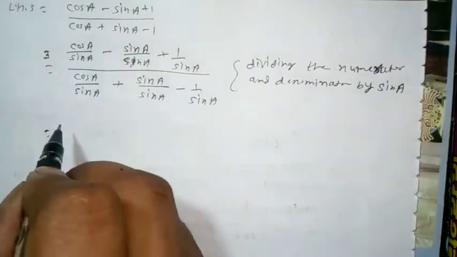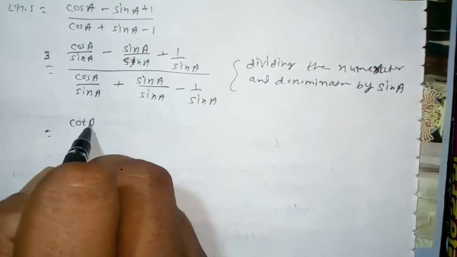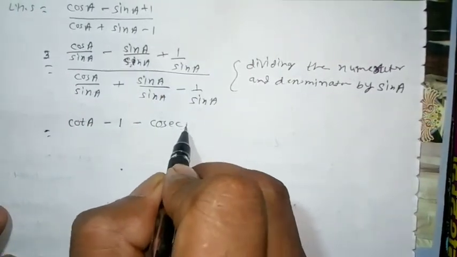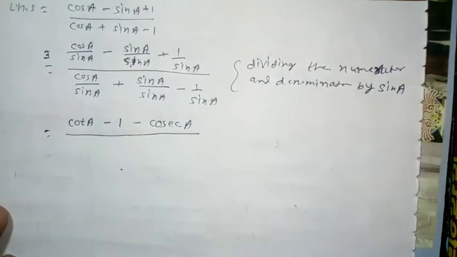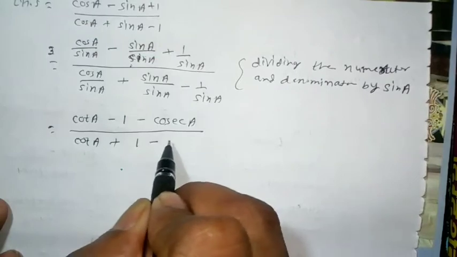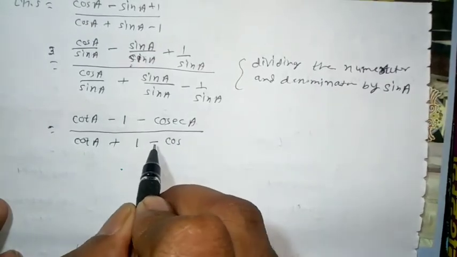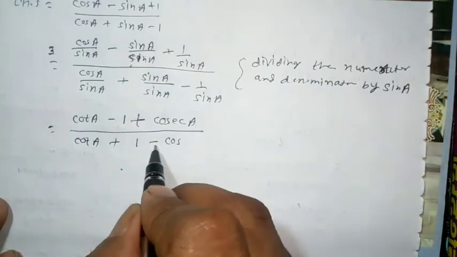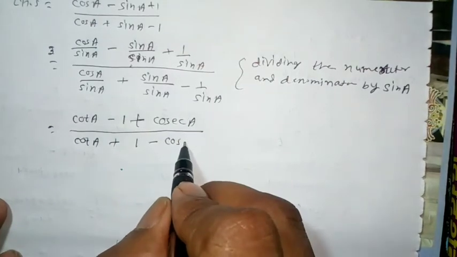Dividing the numerator and denominator by sin a, it is equal to cos a by sin a, cot a, sin a by sin a, 1, plus 1 by sin a, cosec a, by cos a by sin a, cot a, plus 1, minus 1 by sin a, cosec a.